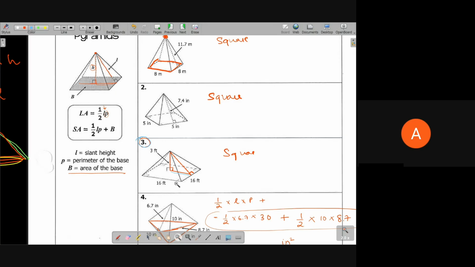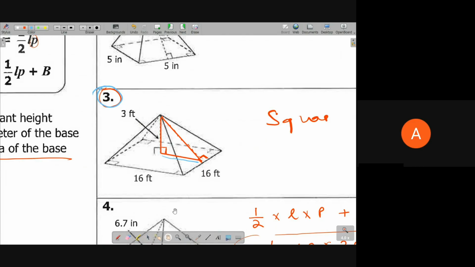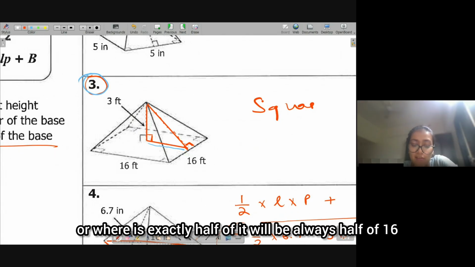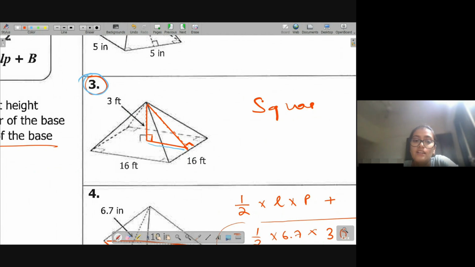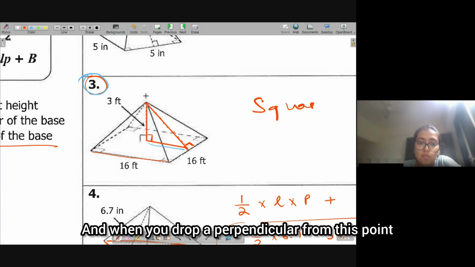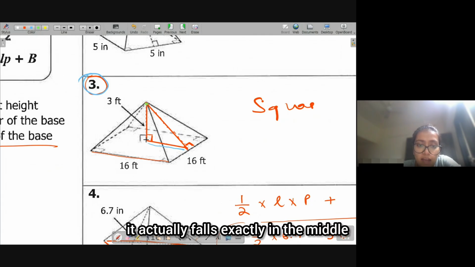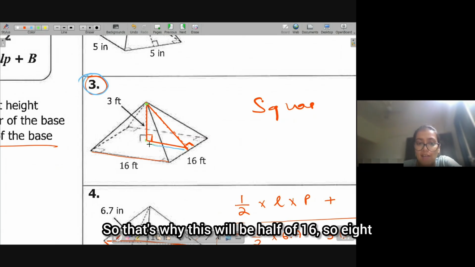Is that half of 16? Yes, exactly, it will always be half of 16. This side is 16, and when you drop a perpendicular from this point, it falls exactly in the middle. So this will be half of 16, so 8.